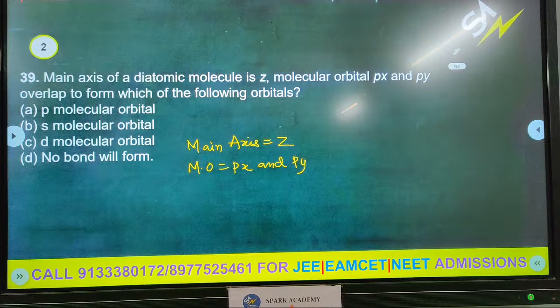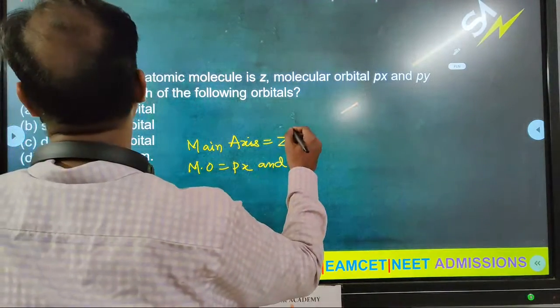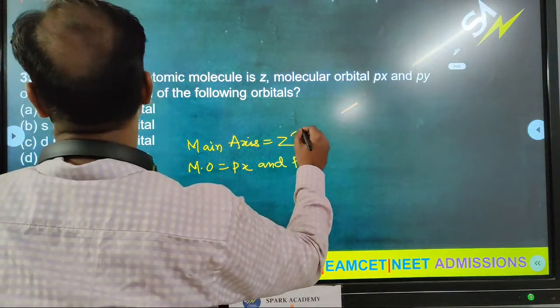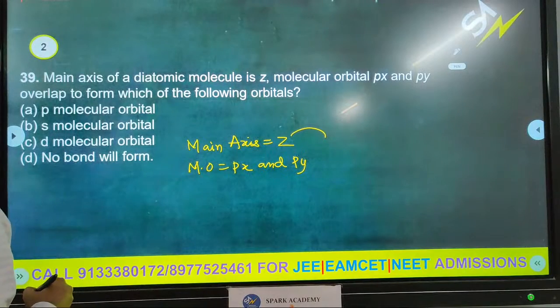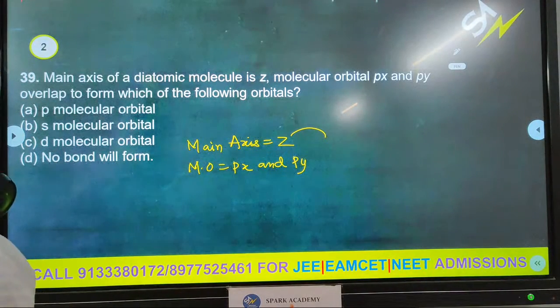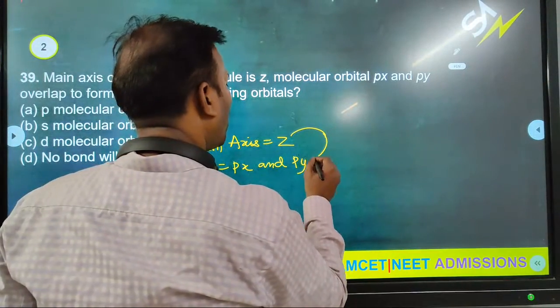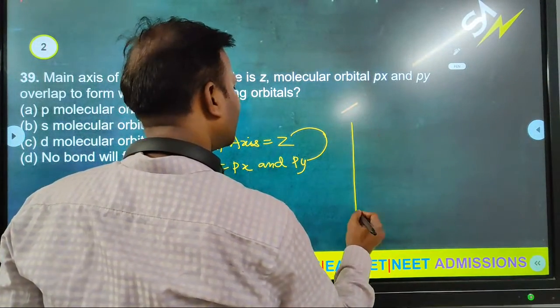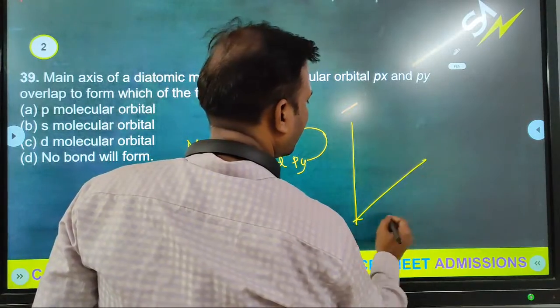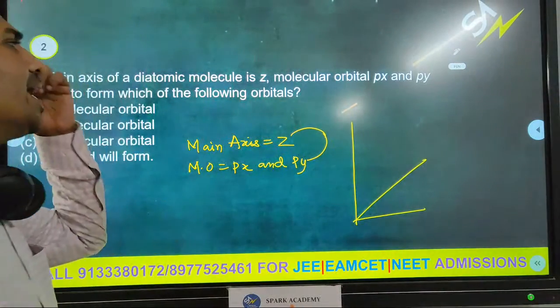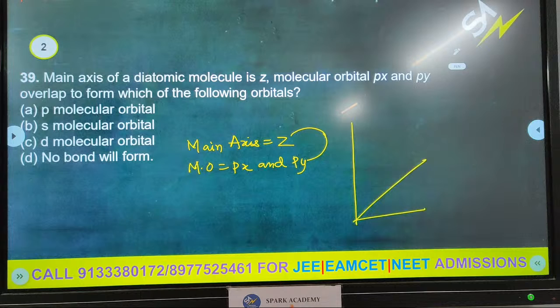The main axis is Z, so this Px, Py overlap is not a head to head overlap.